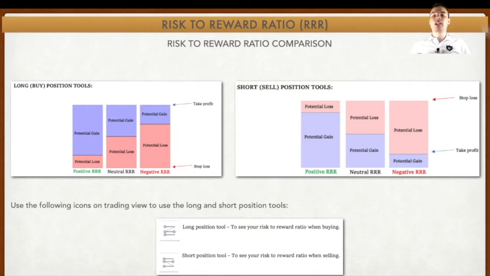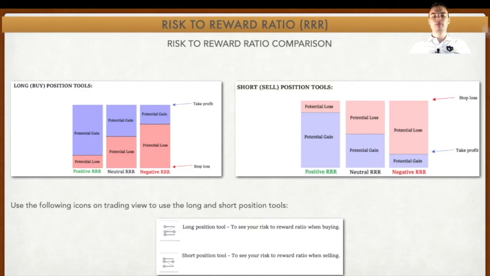And then you get your negative risk to reward ratio. This is how I used to trade when I started out. My stop loss would be huge compared to my take profit. You do not want to trade like that, where your stop loss is bigger than your take profit, because you're going to see flames.